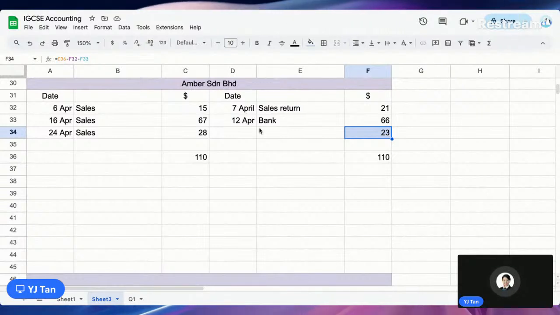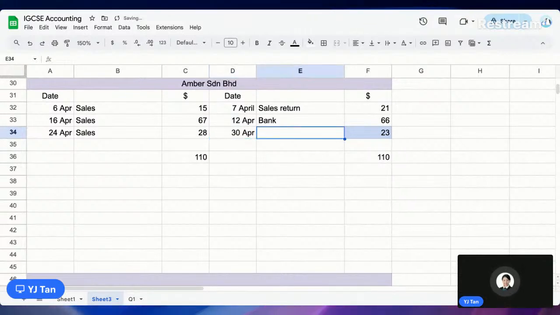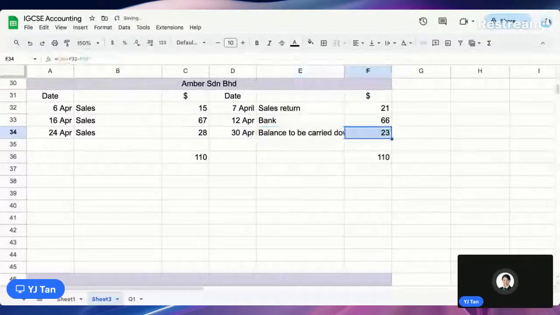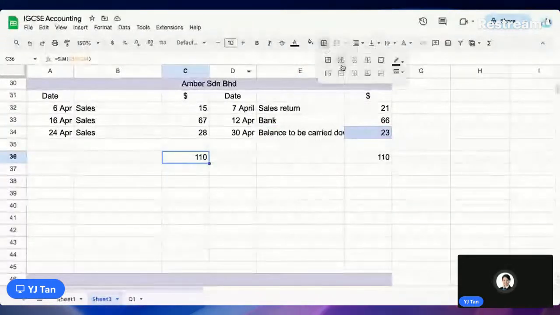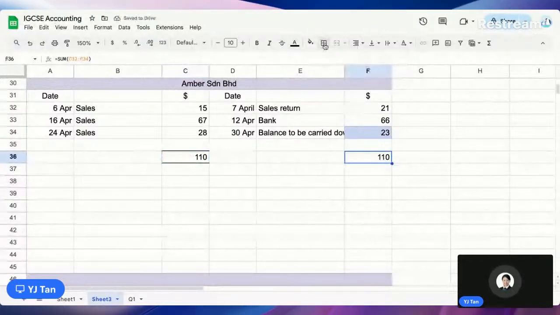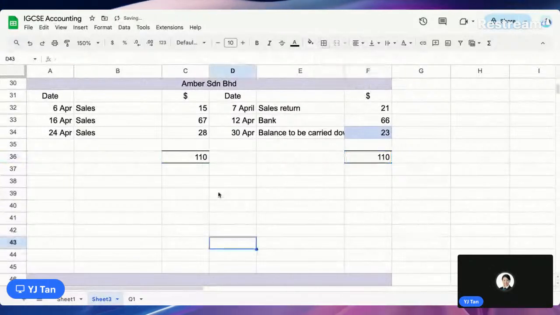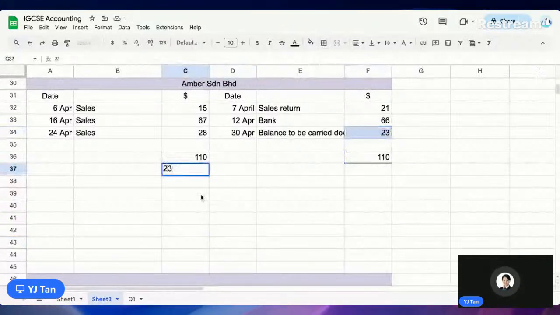So how to write over here? By 30th of April, balance to be carried down is 23. Then this amount is the total. Let me draw some lines. You can see that these two totals are exactly the same and have to be balanced. So from here you carry to the other side, which is 23.